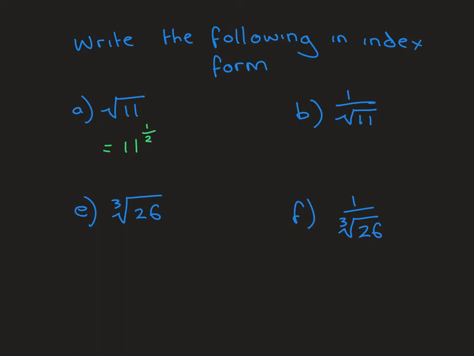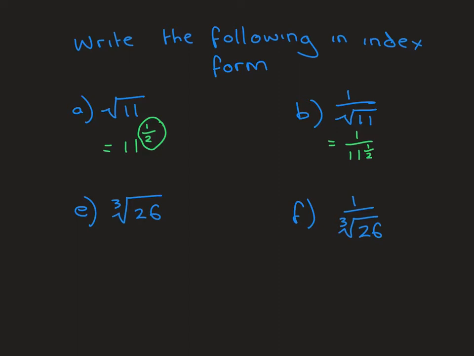So remember, when we're asked to write anything in index form, it means that it has to have that index or that power as part of the number, that's what we need. Okay, so let's go on to look at B. So going backwards from this is going to be 1 over 11 to the power of a half.